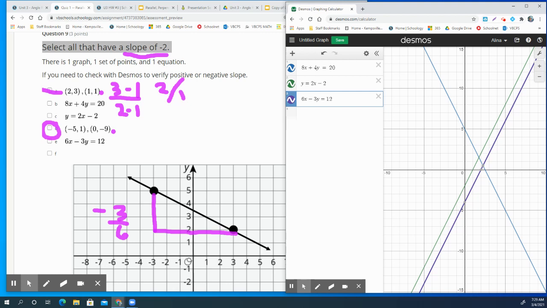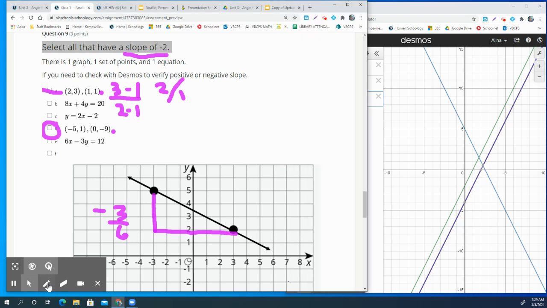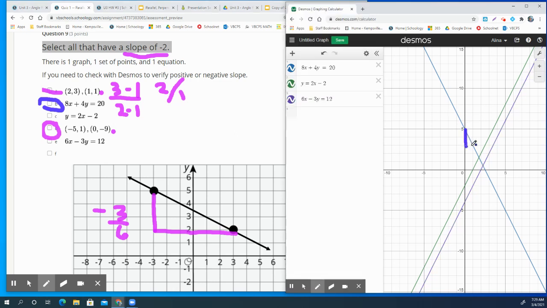So which one does it have to be? Anybody? The first one. Why? Because it's the only one with a negative slope. Yeah. And you can go down to right 1, down 2, right 1.